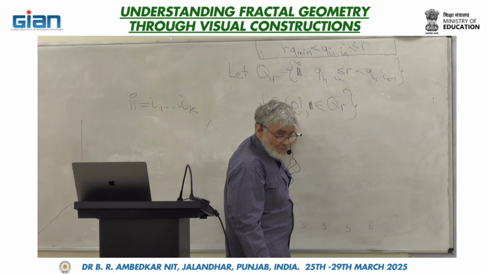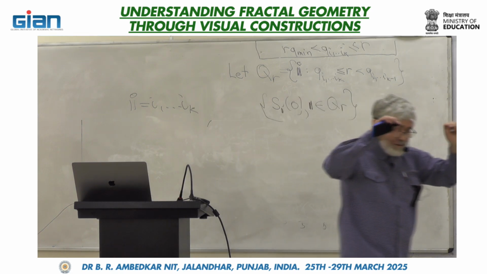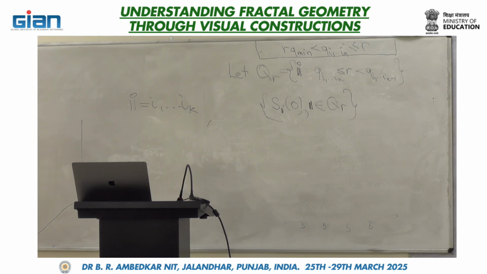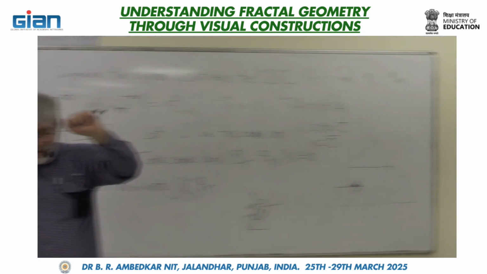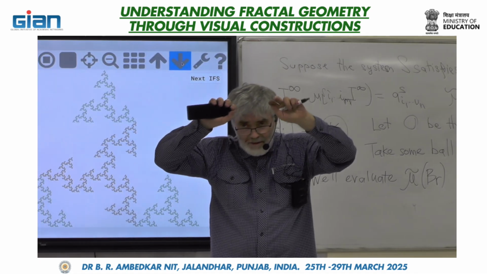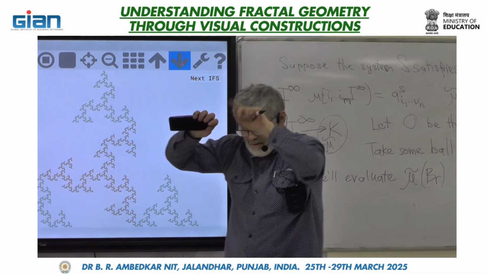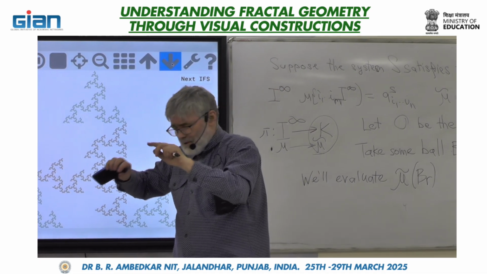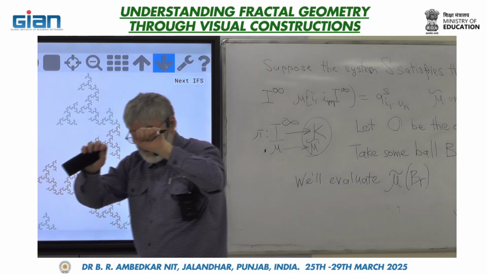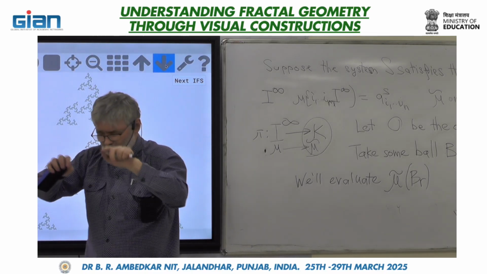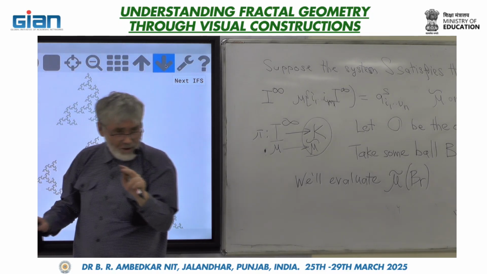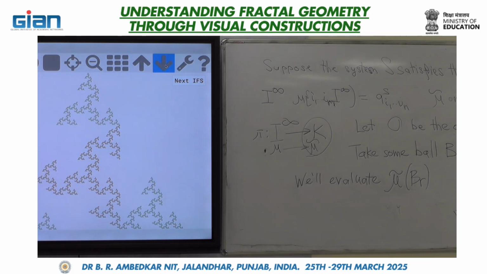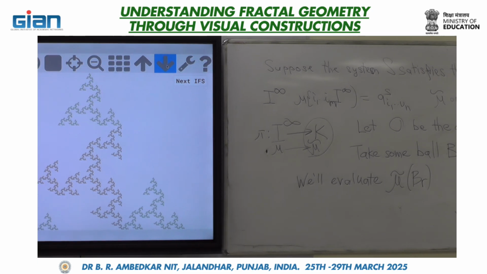Because if we have an open set, and two incomparable multi-indices, then the images of the open set under the respective similarities do not intersect each other.